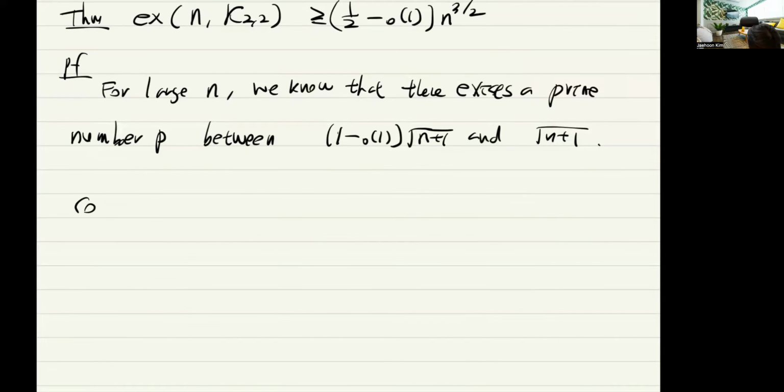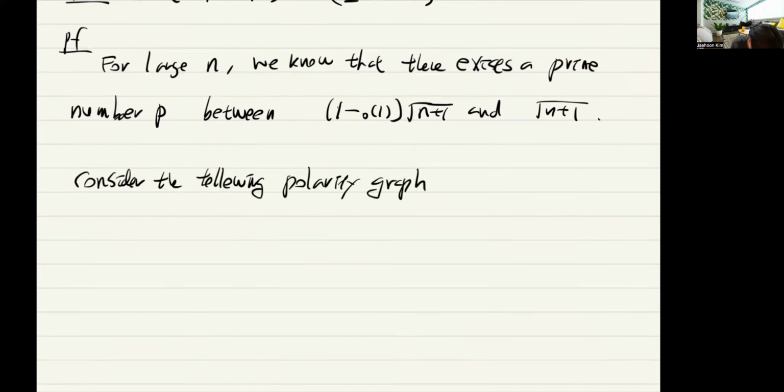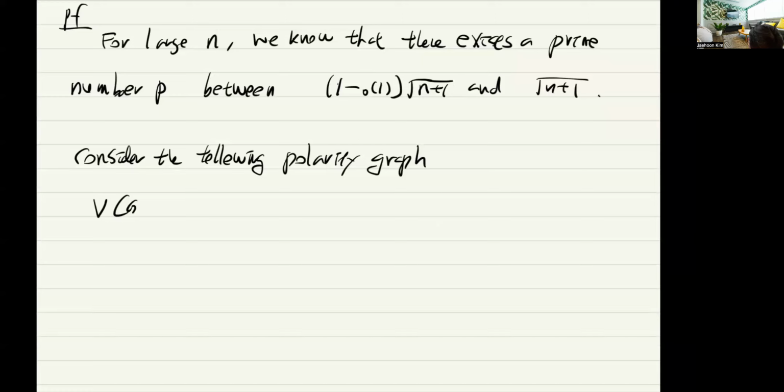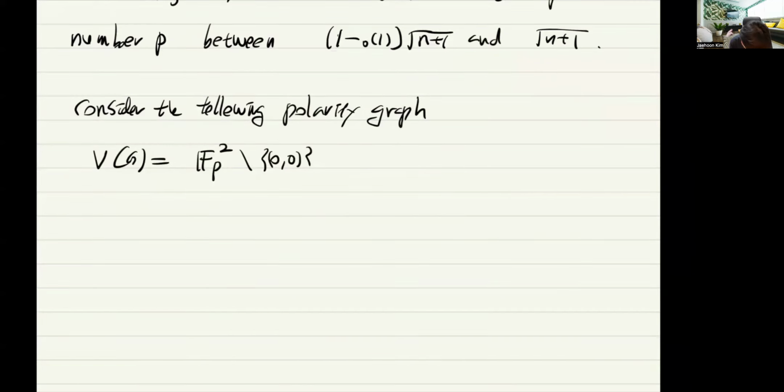So you now consider the following graph, which is called the polarity graph. The vertex set is: you take a field of characteristic p, F_p squared, then you delete (0,0). And the edge set is: between (a, b) and (x, y) if ax plus by is 1.